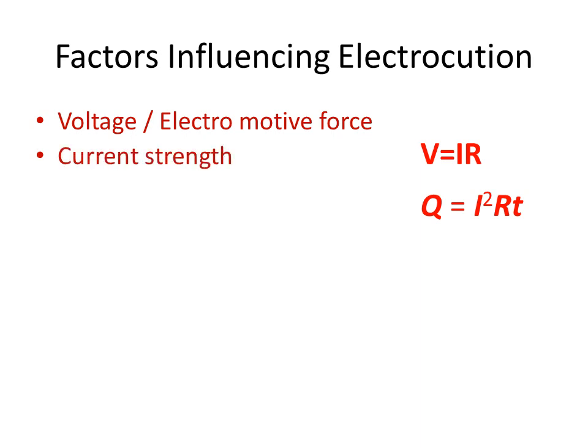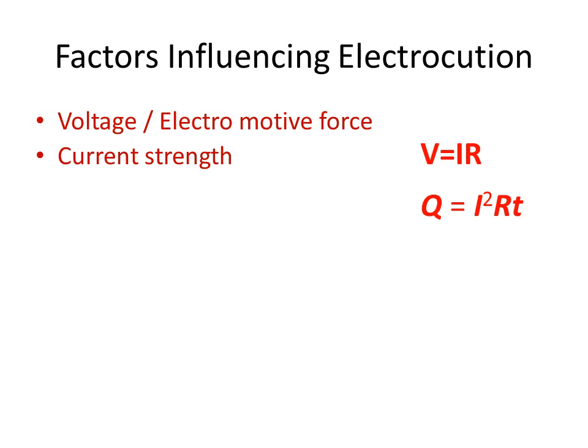The second one being the current strength. As we have seen, and also we have explained, the current strength is directly related to the Q, or the heat generated. That means more the heat generation, more will be the injuries. And in this law, that is the Joule's law, we have very clearly seen that this I, that is the current strength, is squared.